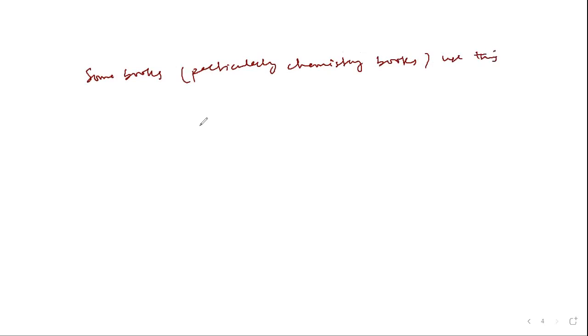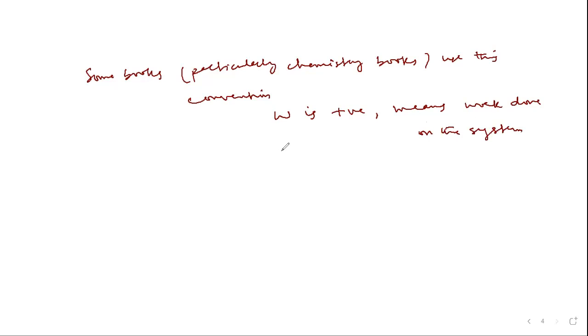That means W is positive means work done on the system, and W is negative means work done by the system.